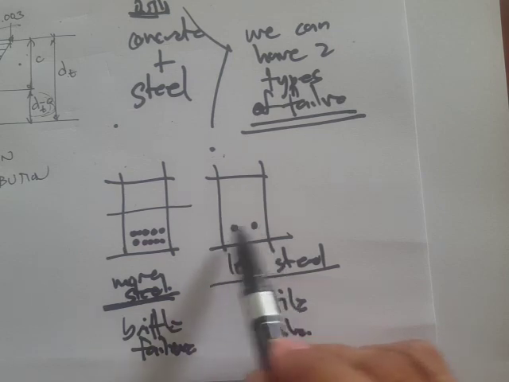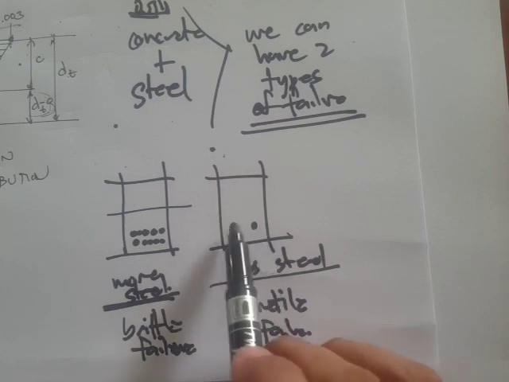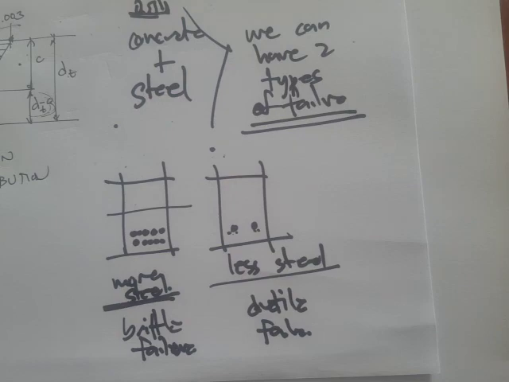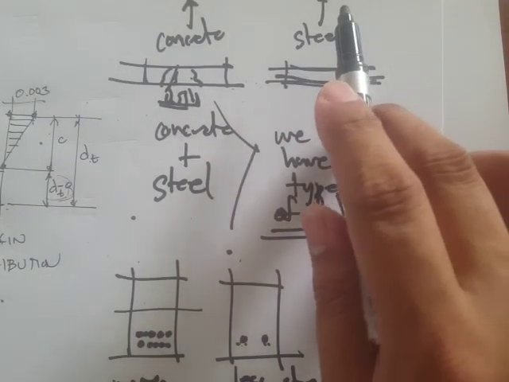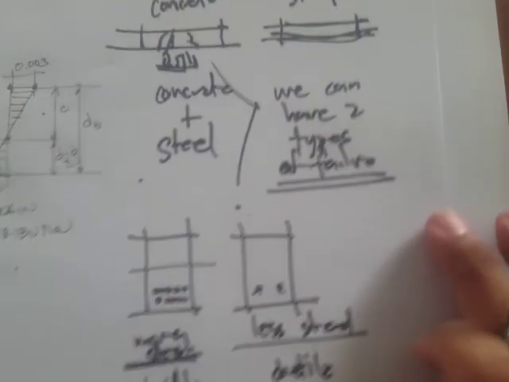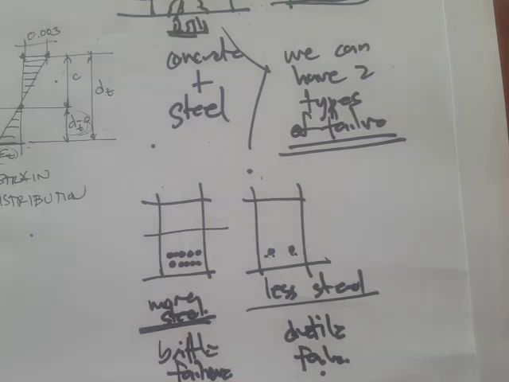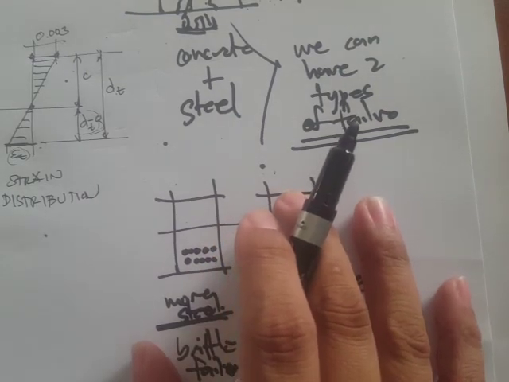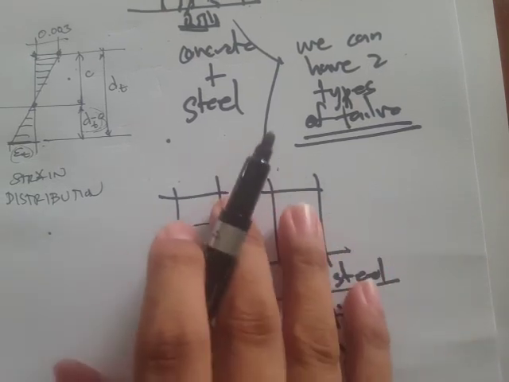If you have less area of steel, then we have higher stresses there. So the steel will be the one to reach failure. It's going to have a ductile failure because it will deform. The reason why we discuss these types of failures is because that's where the strength reduction factors come from. That's how we determine our strength reduction factors.